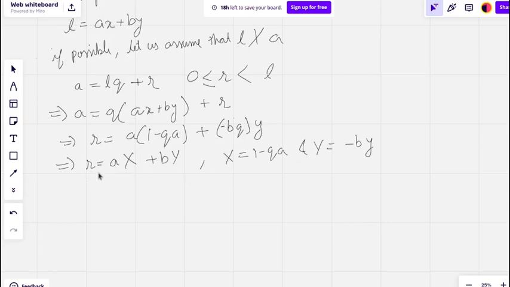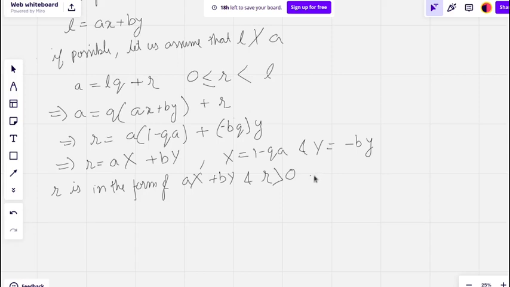So now R is in the form of AX plus BY and R is greater than 0. R cannot be equal to 0.